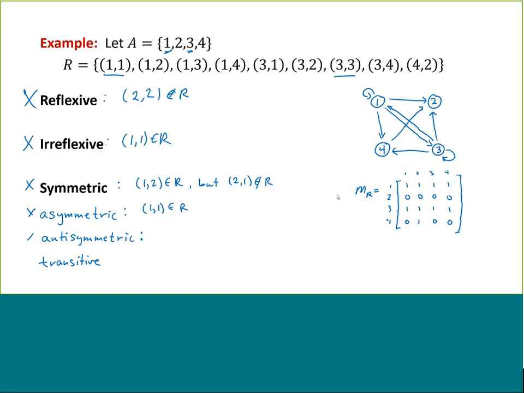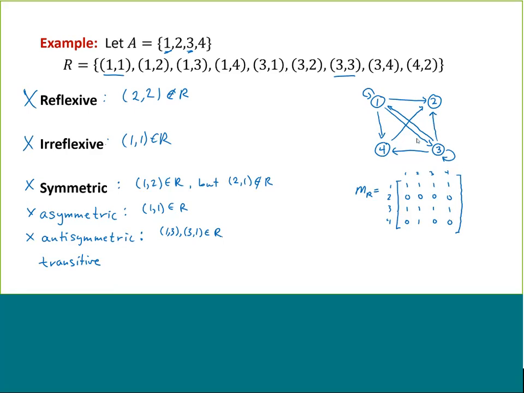And the issue is between 1 and 3. Notice how we have both connections between the vertices 1 and 3. That looks like what you would want for symmetry, so in this picture it's not antisymmetric.